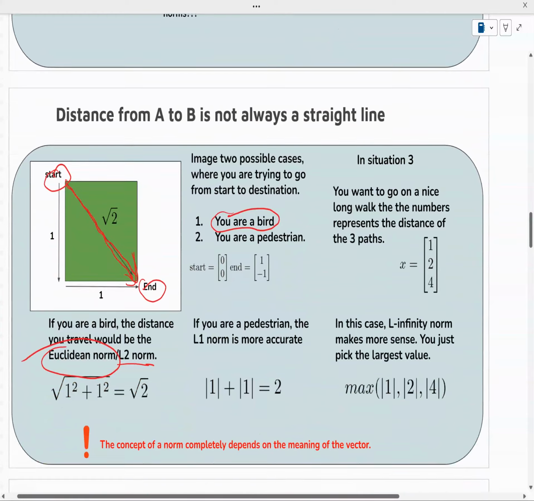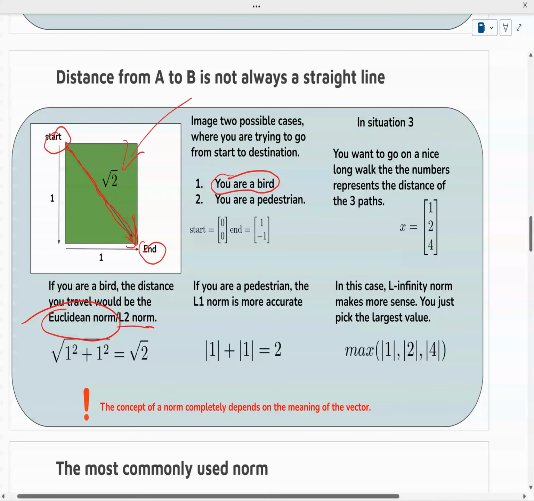However, imagine if this green thing is a building and you are just a pedestrian walking. Well, in that case, you cannot walk through a physical solid building. What you have to do is go this way and then this way. Therefore, the distance is the absolute value of this vector plus the absolute value of this vector, which will give you 2.